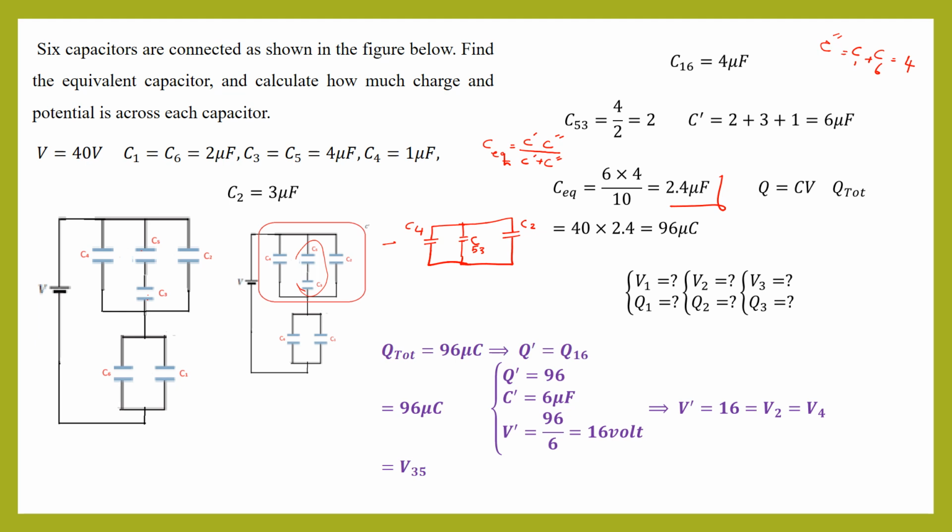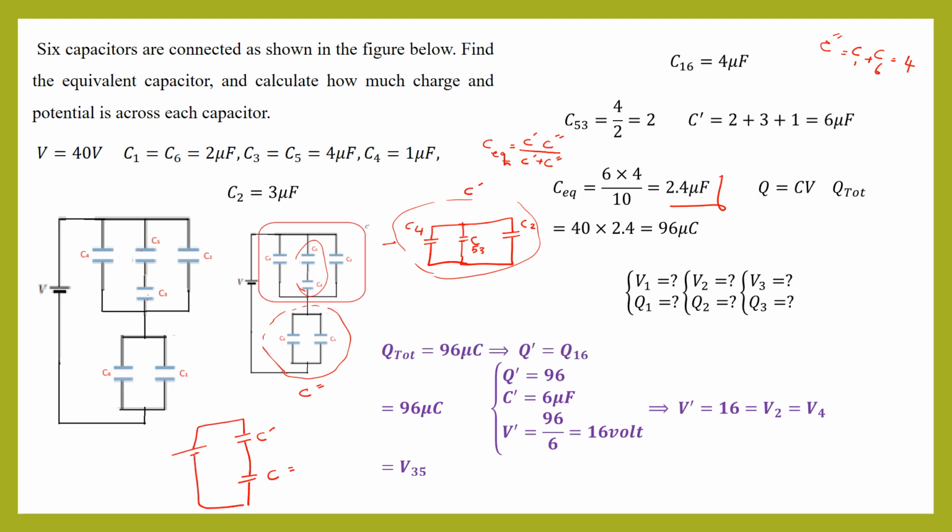Once you solve this part, everybody, this is called C prime, as I show here. We also have C1 and C6, which we can take as C double prime, and then C prime and C double prime are connected in series.